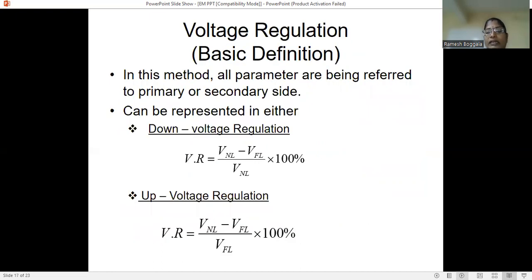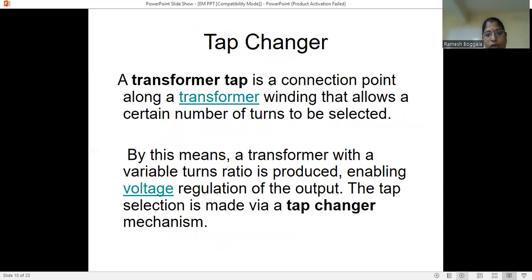Okay, so the main formula for basic voltage regulation uses the voltage at no load and the voltage at full load, referred from primary to secondary side. It can be represented by down voltage regulation and up voltage regulation. Down voltage regulation is VNL minus VFL divided by VNL into 100. So these are down voltage regulation and up voltage regulation.